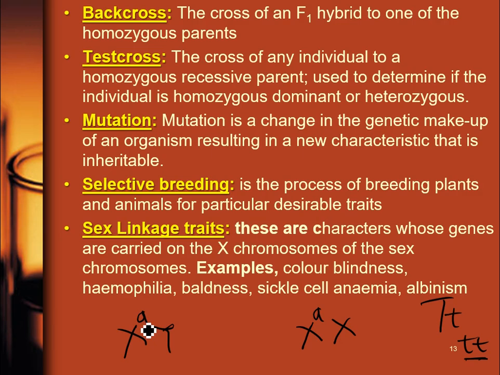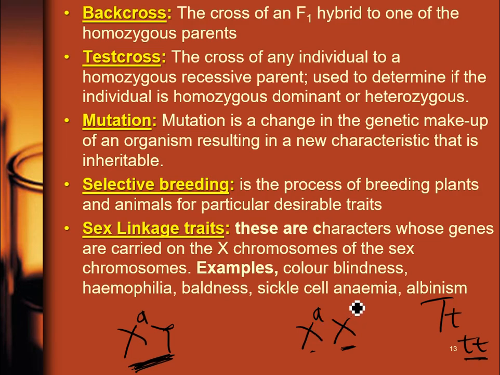So in the male, if they have one, this particular male here is albino. Okay, but this one stands a chance of not being an albino. Why? Because there's another allele that can contrast this particular allele. In male, there's no other X chromosome that can carry another allele that will contrast this.